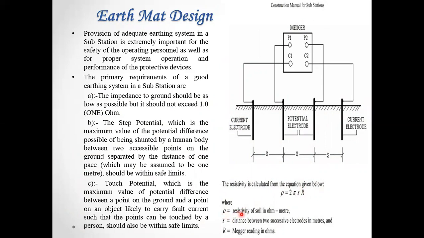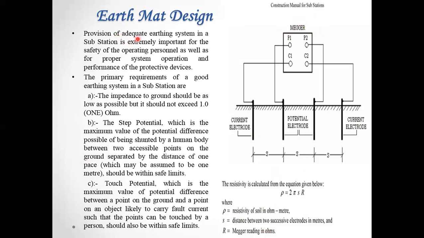Rho is the resistivity of soil, in ohm meters, and small s is the distance between two successive electrodes in meters, that is, between the current electrode and the potential electrode. And R is the megger reading in ohms. So here we will get the ohms.